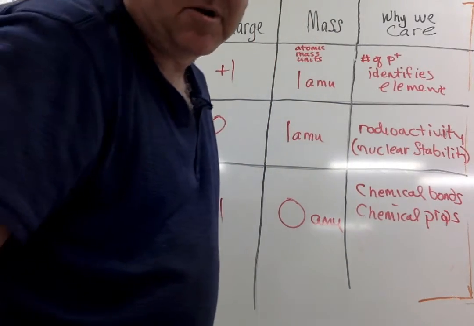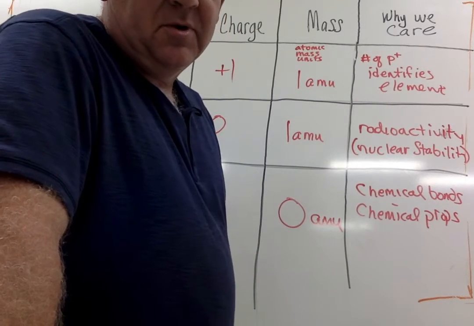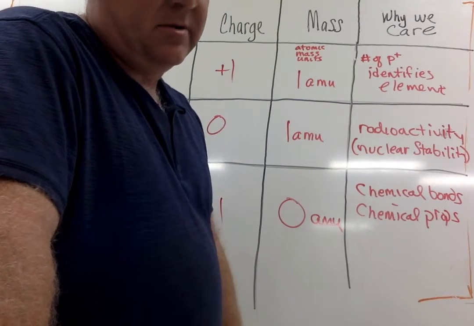So the types of chemical bonds and the chemical properties are all related to where the electrons are and how many there are and their arrangement.